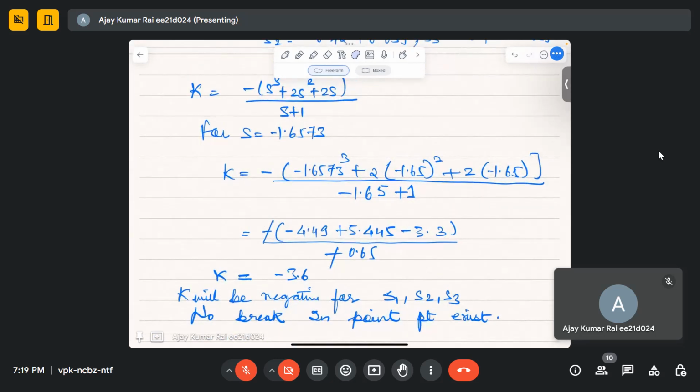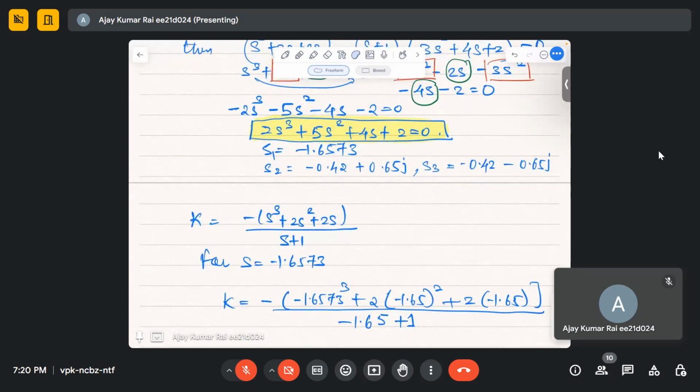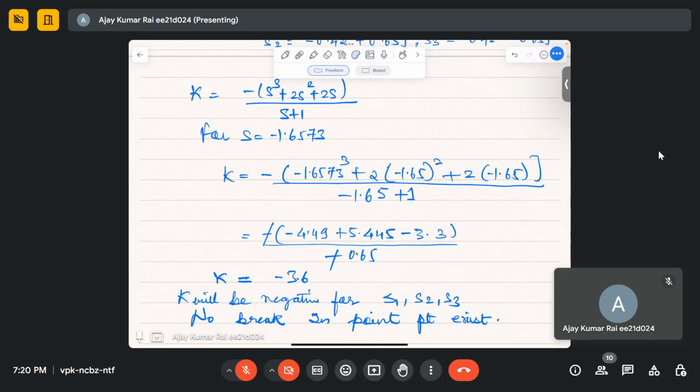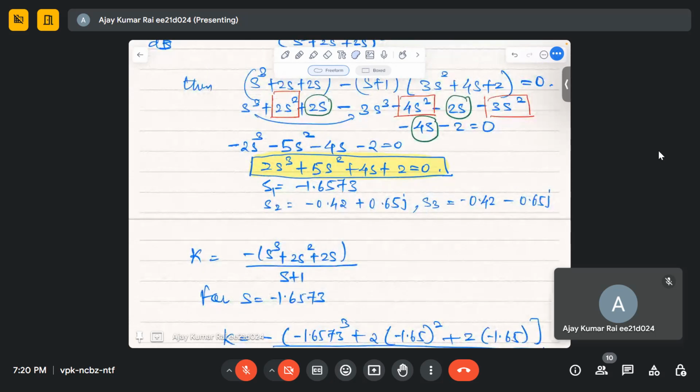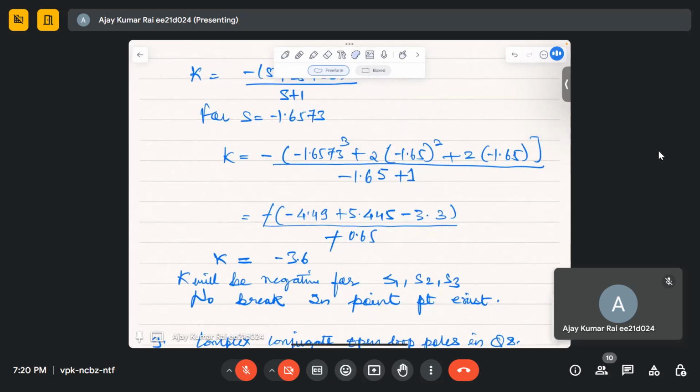So what do we conclude from here? I am getting s1 that is minus 1.6, and if I find k, I should get a non-zero value if it is a break-in or breakaway point. But I am getting a negative value. If I do the same with s2 and s3, I'll get negative values too. I have not performed that calculation.